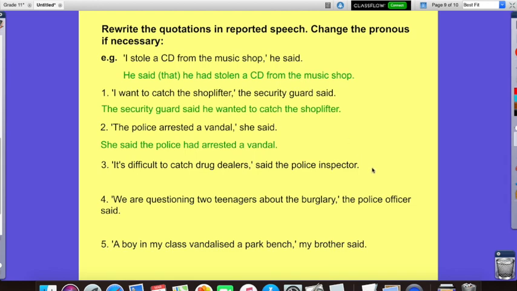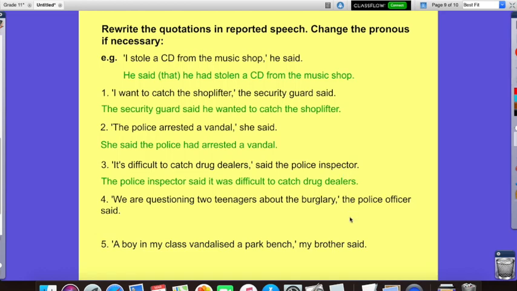Next, it's difficult to catch drug dealers, said the police inspector. Reported speech. The police inspector said it was difficult to catch drug dealers.